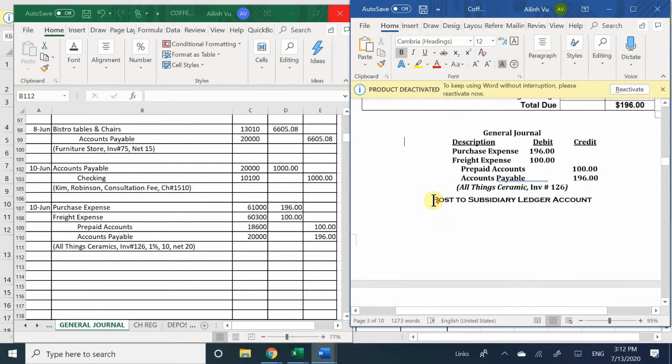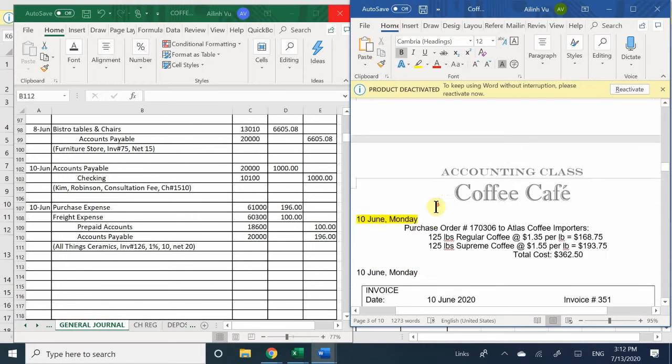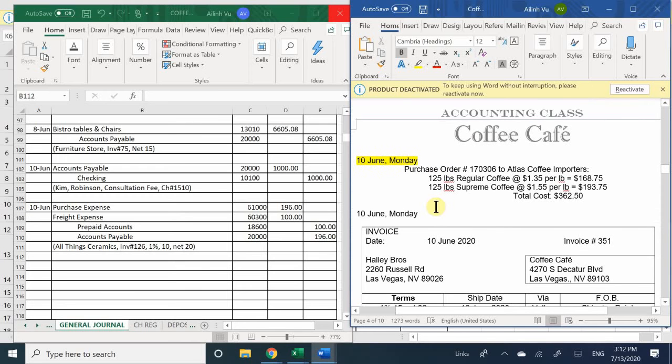So we updated our inventory with our new purchases. So now on the 10th of June, on Monday, we decided to put in another purchase order to Atlas Coffee Importers, and we decided to buy some coffee. So we're going to buy 125 pounds of regular coffee, which costs $1.35 each.